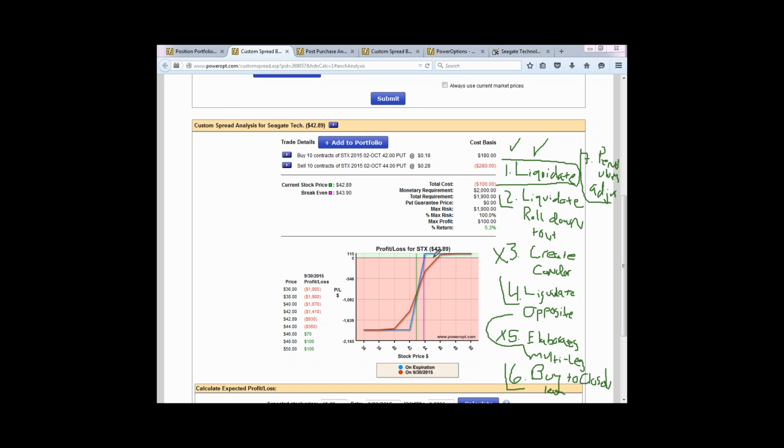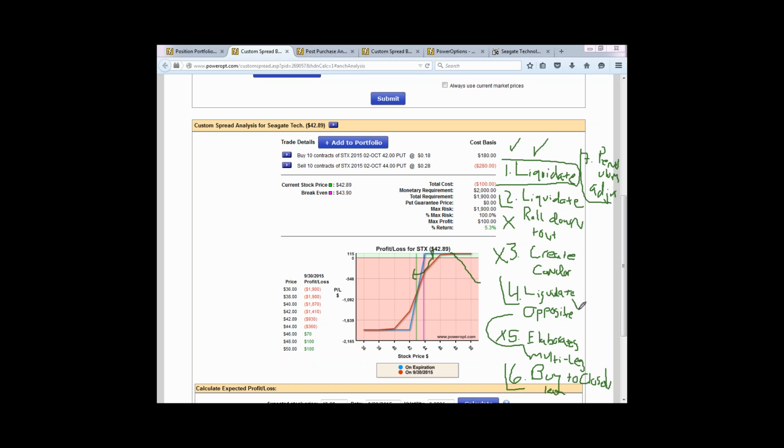But again, creating the condor is really only if the stock is still above my put strike price, or my current spread is still out of the money and I need some extra premium just in case I fear it's going to fall. Now, one other thing I have to add: I can tell you right now that most likely if I was in this bull put credit spread on STX, and the position is where it is, and I had to evaluate this, I probably wouldn't liquidate and roll down and out to October 30th.